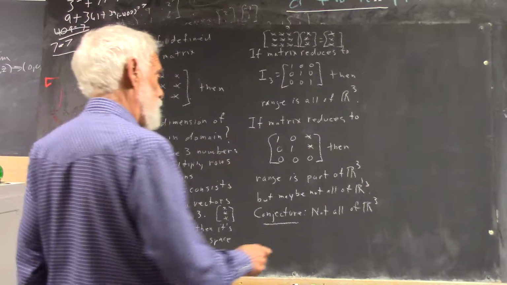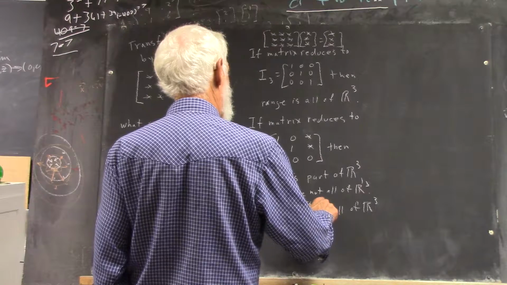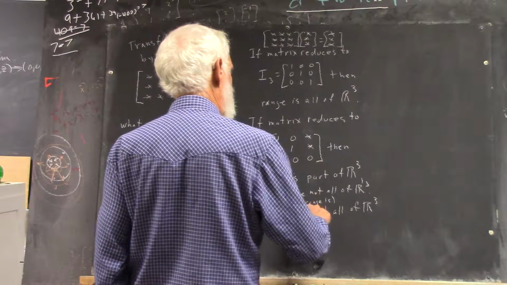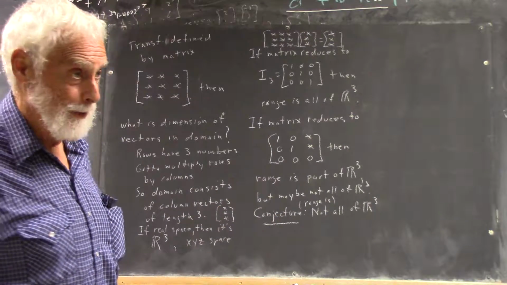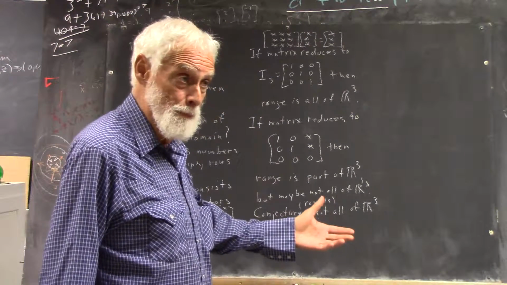Okay? And it's the range. That's implicit in what's right before it, just to be sure we don't lose track of that idea. The range is not all of R3.